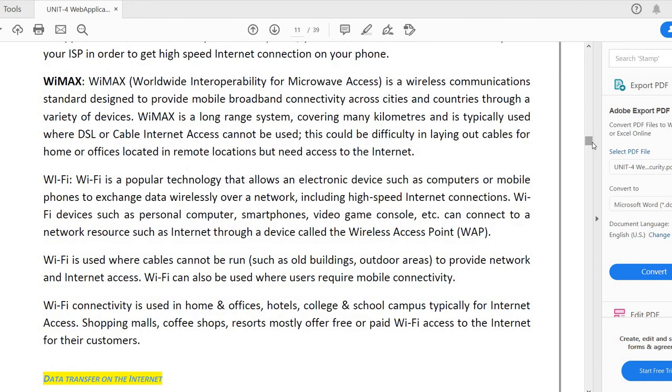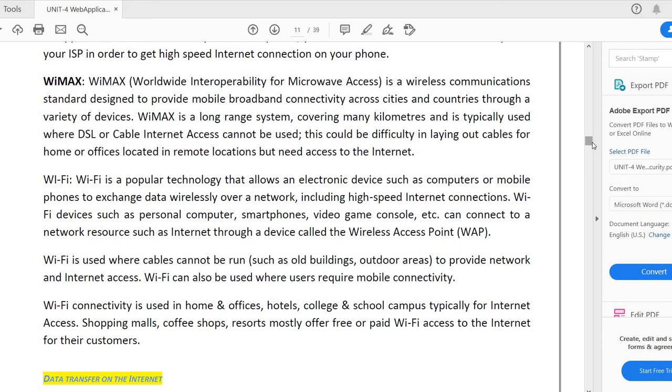The coverage of WiMAX is kilometers, across countries or a particular city. If you provide WiMAX connectivity we can use it for the entire city, but Wi-Fi has a short range of connection area, we can use it for a particular area.